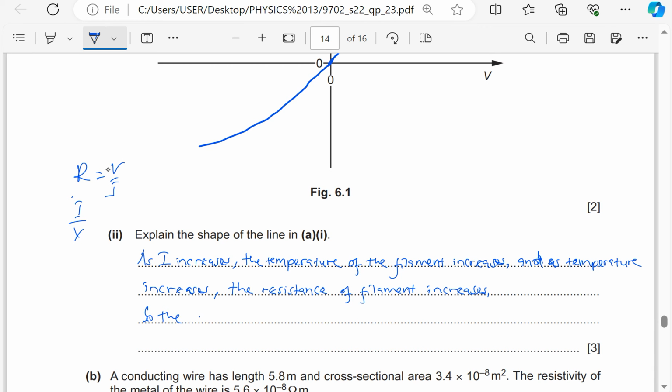The graph curves because the ratio I over V decreases, because R is V over I, or from the gradient it is going to be 1 over V over I. So the ratio I over V decreases, or you would say V over I increases.